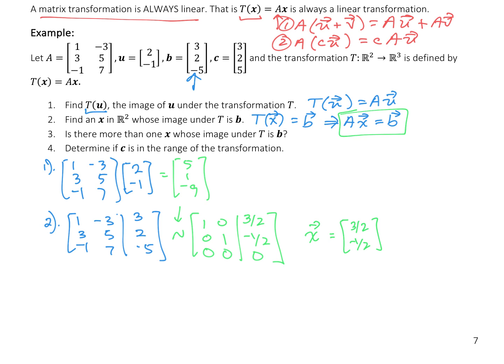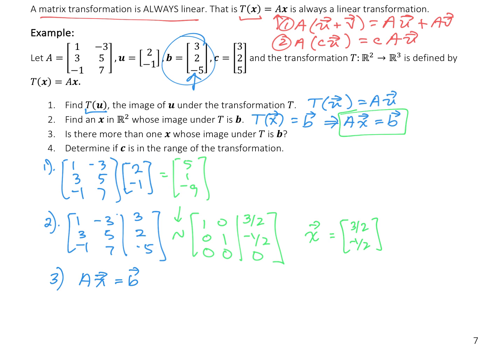Question 3 asks whether there is more than one X vector whose image under T is B. So is there more than one solution to AX equals B, assuming we're not talking about a different B vector?